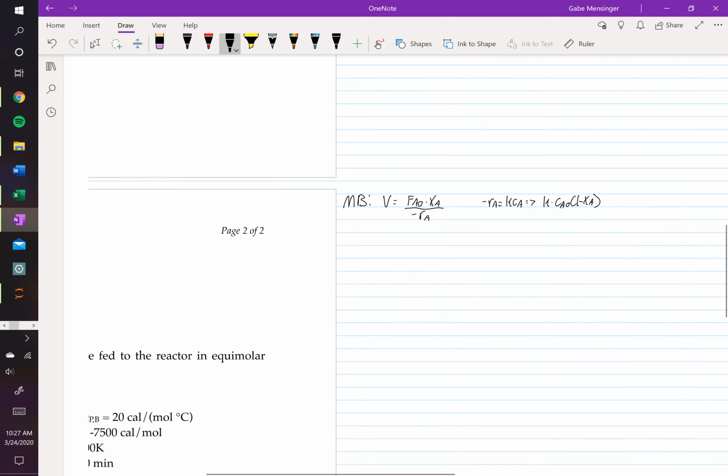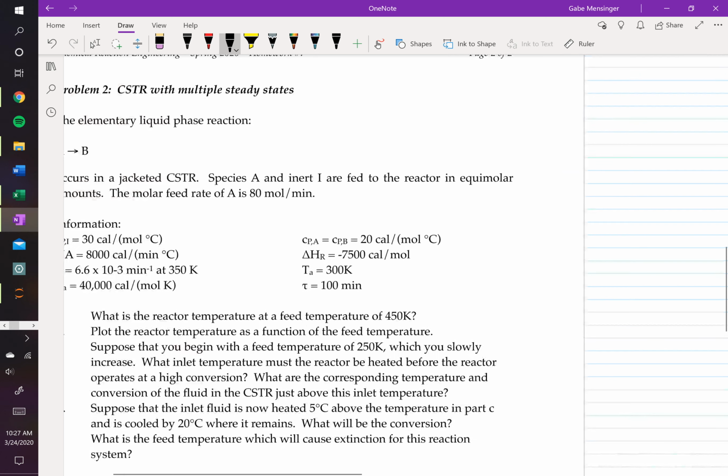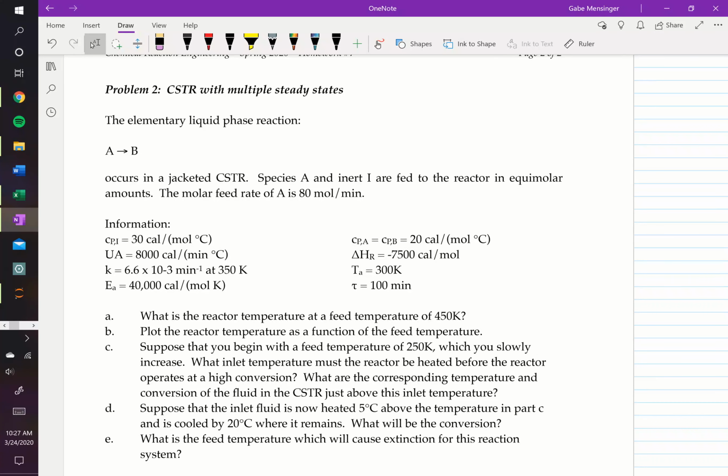Let's see what information we're given about the inlet. We are given this 80 moles per minute, which is FA naught. It doesn't look like we're given any information about V naught or CA naught, or about the reactor volume. But we are given information about tau.